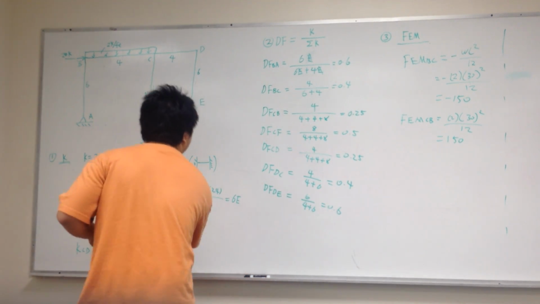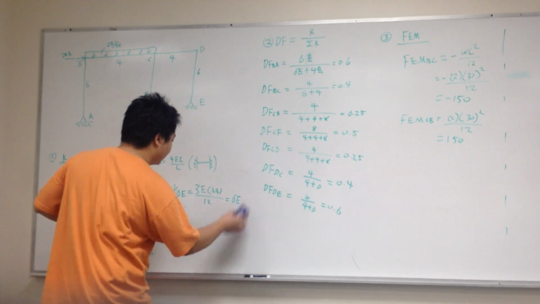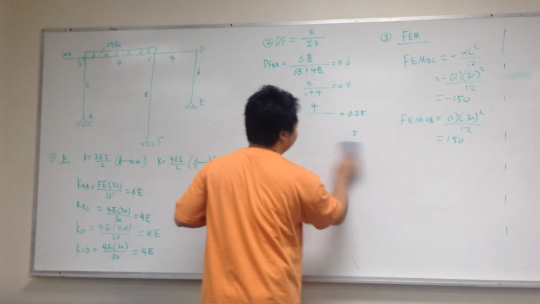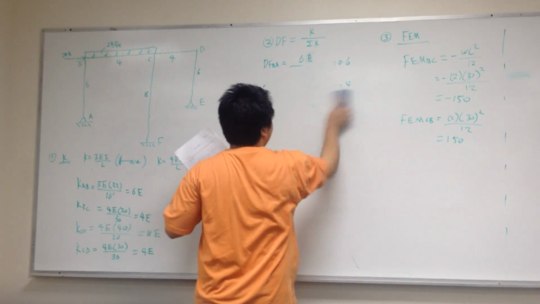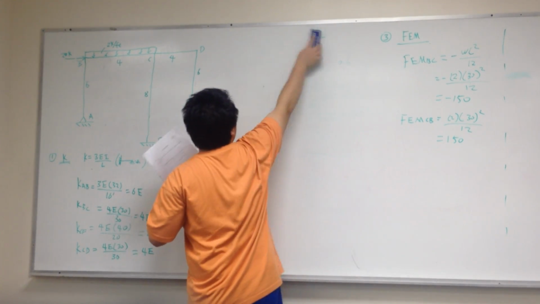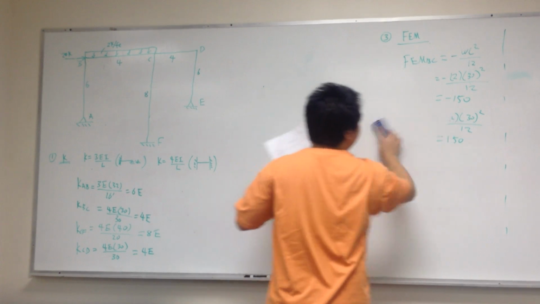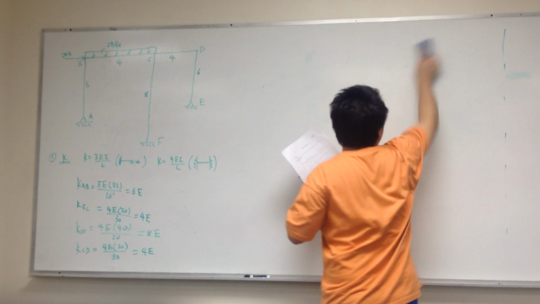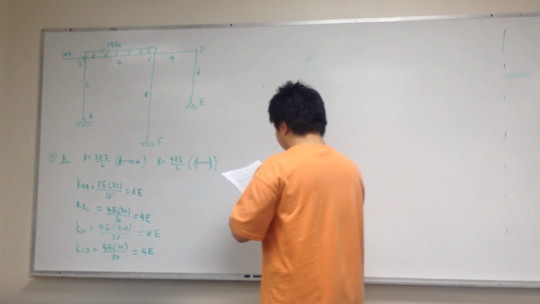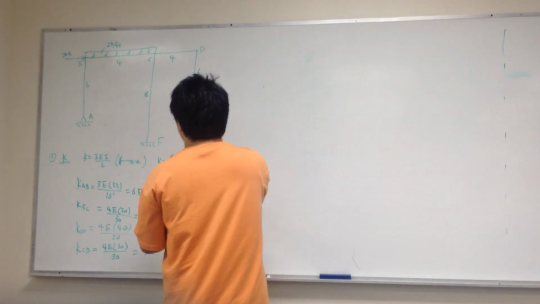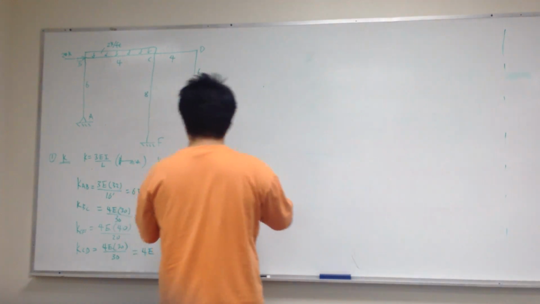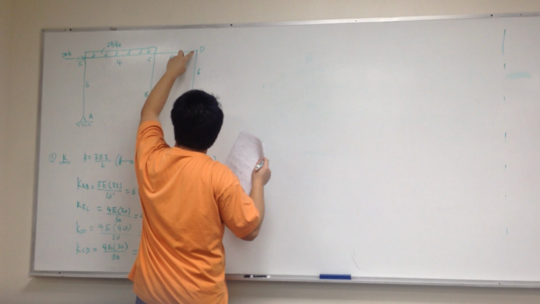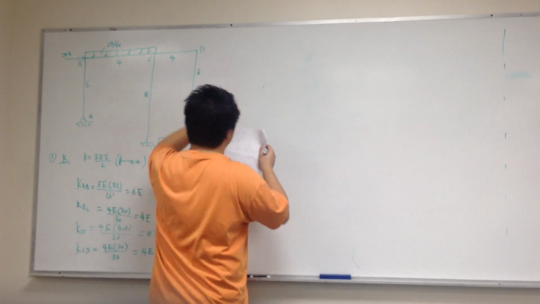So for the table, just erase this. In our case, we have fixed points B, C, D, 3 points.